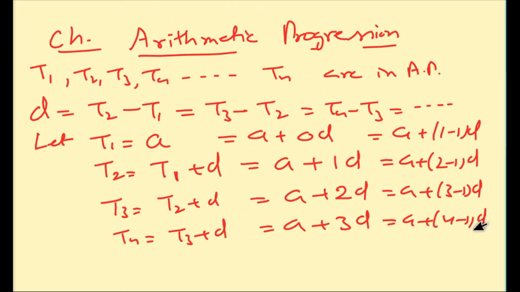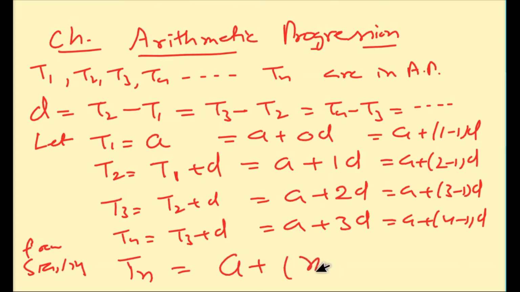Okay student? So from the start, if we want to find the nth term, what is the formula? From the start means T1, T2, T3, T4, up to Tn. We find Tn equal to A plus n minus 1 D. So this will be the formula.